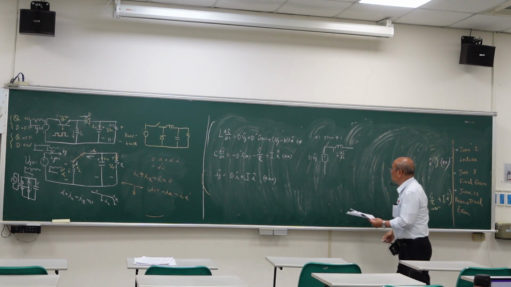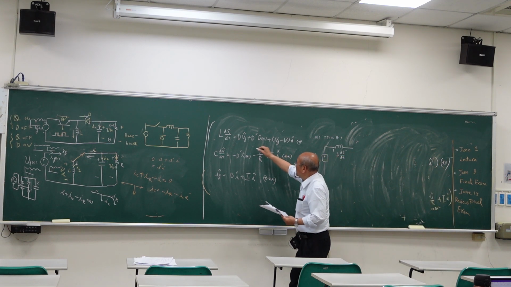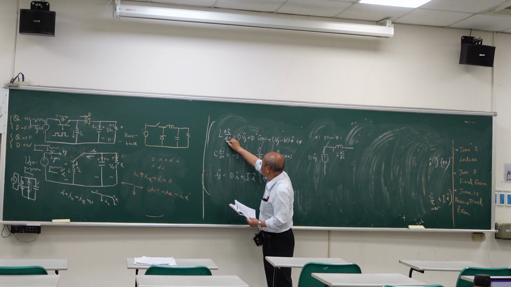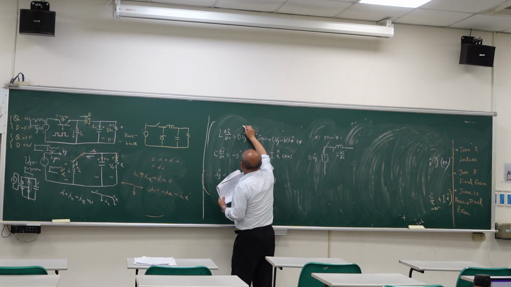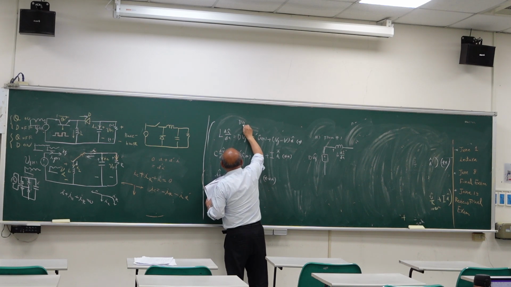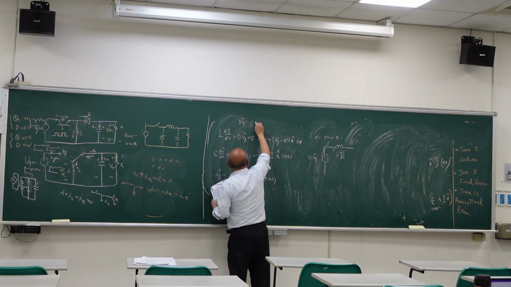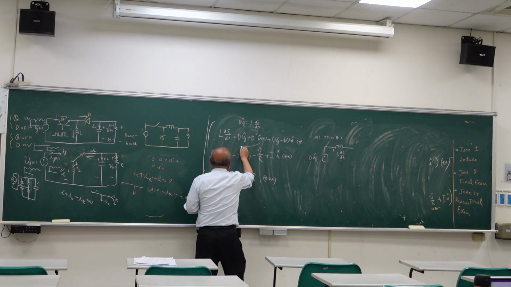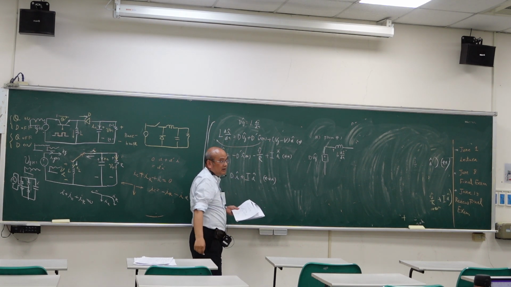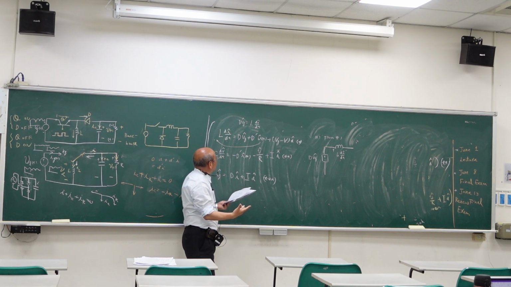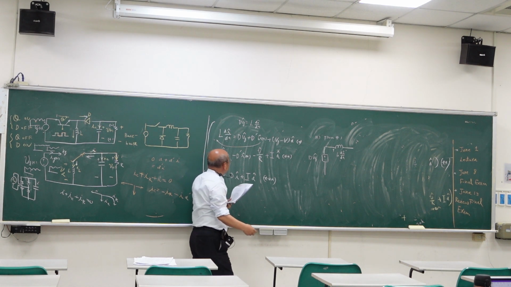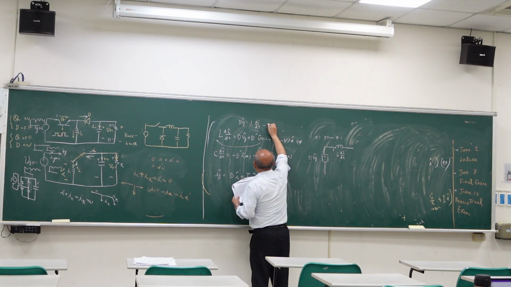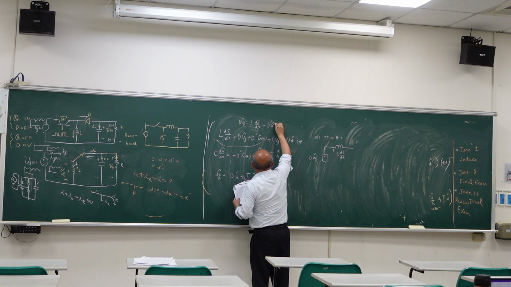So D Vg hat equal to L dI/dt. And then we have to move this one to this side, and it becomes negative. So this is negative D' V hat.